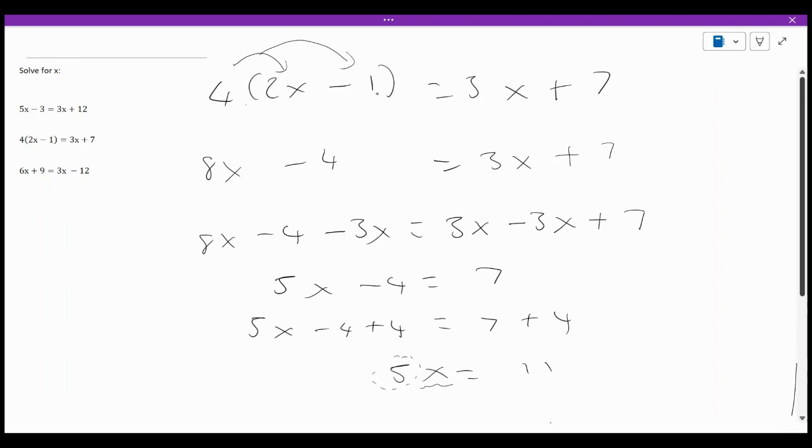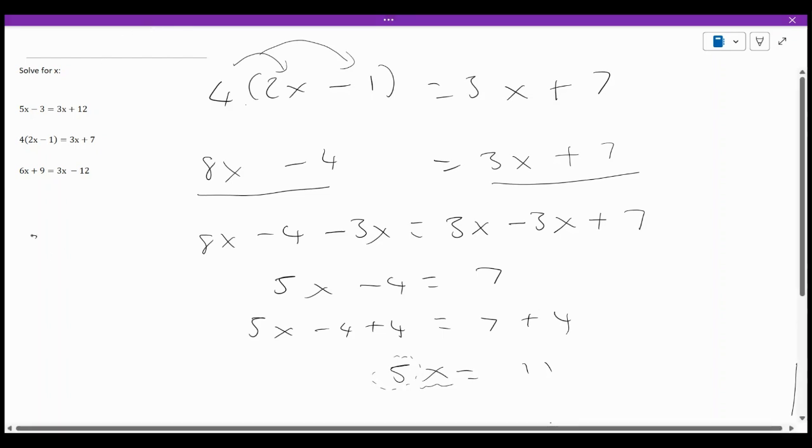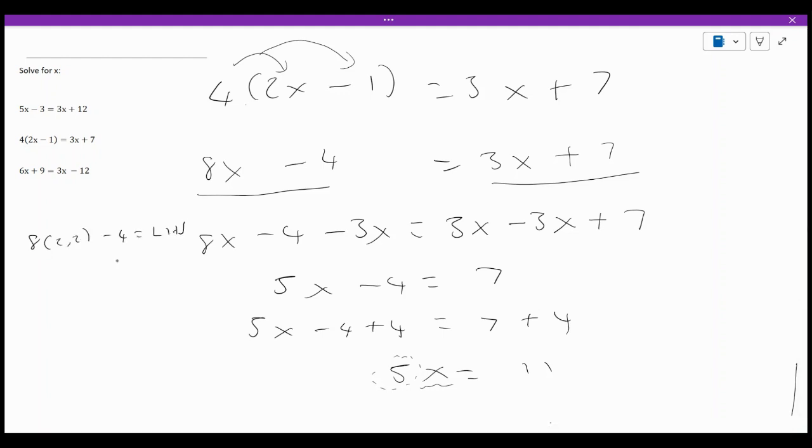Okay. So this is what we have on our left, and that's what we have on our right. So we're going to substitute that 2.2 for our left hand side, and what do we get? 13.6, and then on the right hand side 13.6.